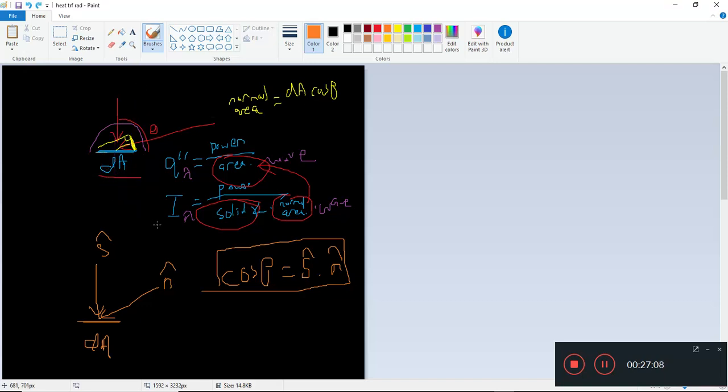So let's use a different color. Let's say you have some area dA again. If you want a net heat flux, not just the heat flux in this direction, you have to consider the hemisphere at the bottom as well, so that you have a net heat flux, rather than just a one direction thing.